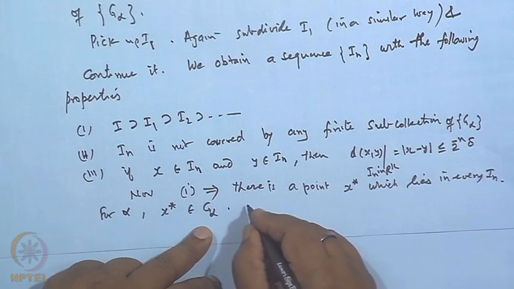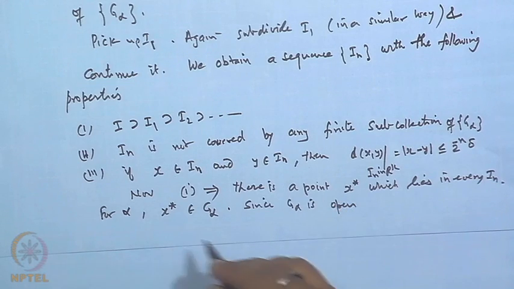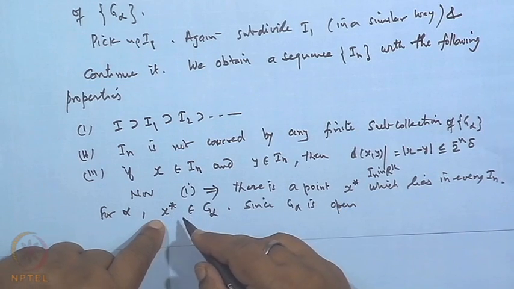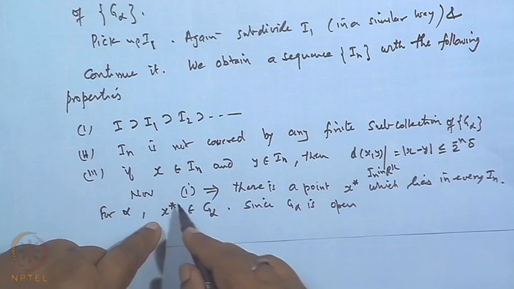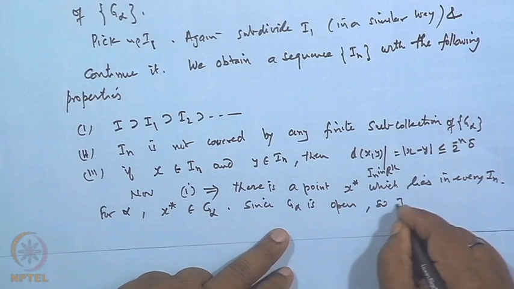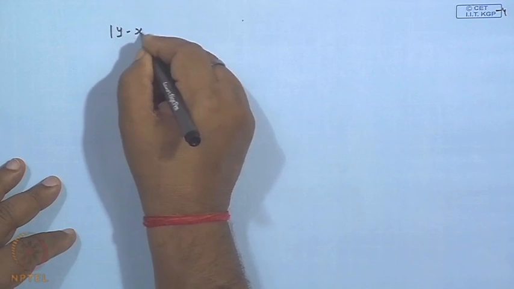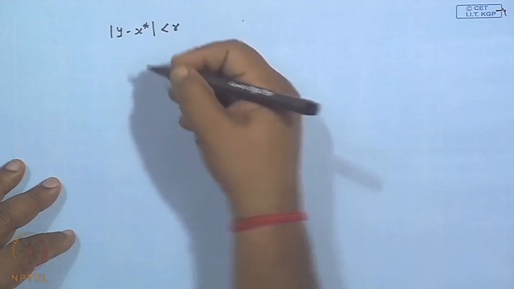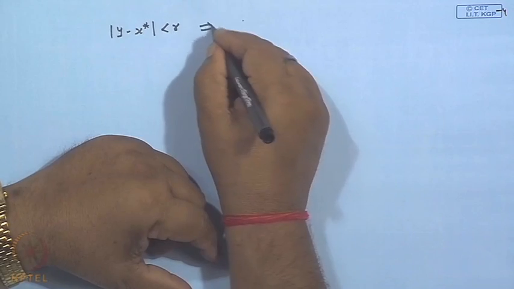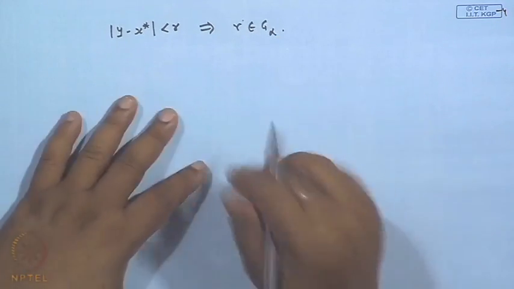But G alpha is open, so x star behaves as an interior point. We can find a neighborhood around the point which is totally contained in it. So there exists an R greater than 0 such that the distance of y minus x star less than R implies y is in G alpha.